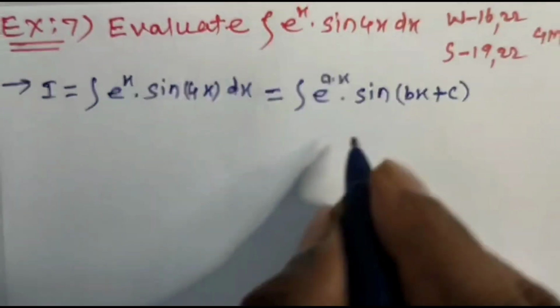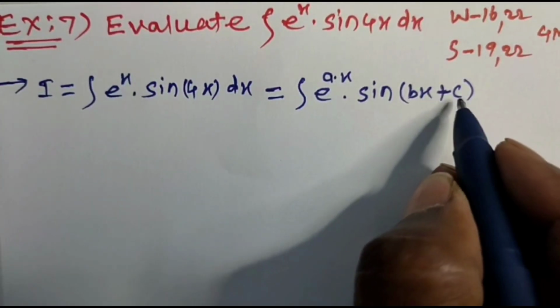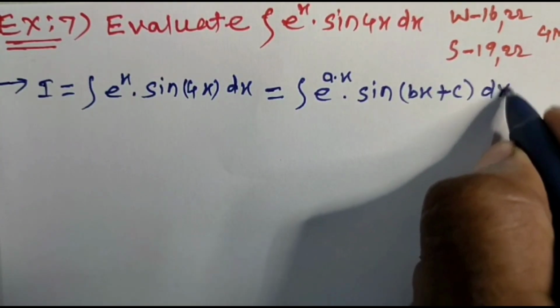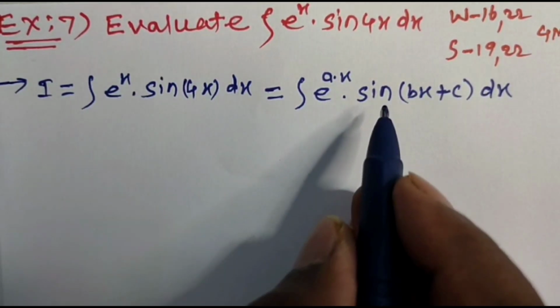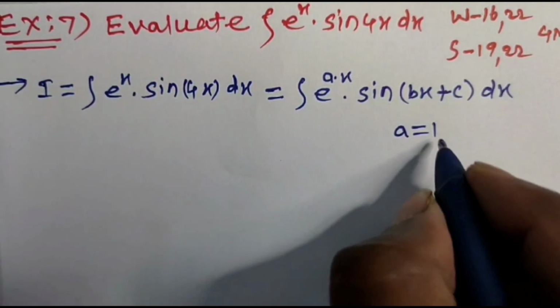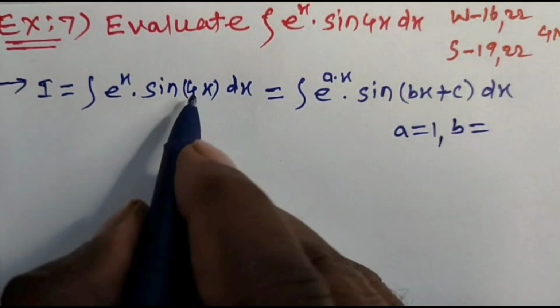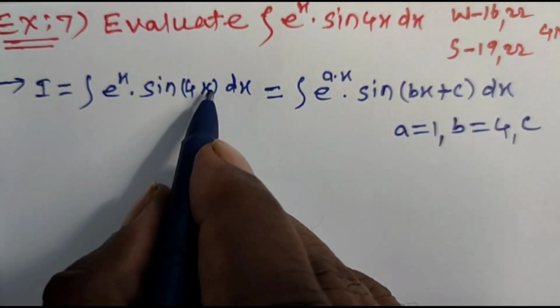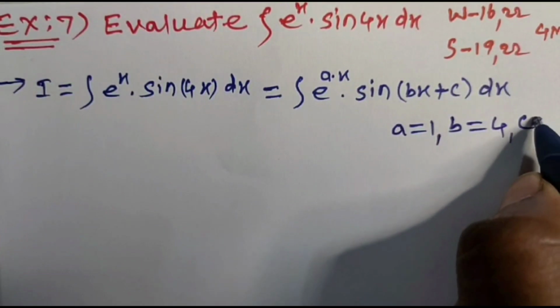If you want, you can consider this formula also, adding constant c in bx. Integral with respect to x. Compare this integral with this integral, then a is equal to 1, then b is equal to the coefficient of x here, which is 4, and c, the constant term is not there, so c is equal to 0.